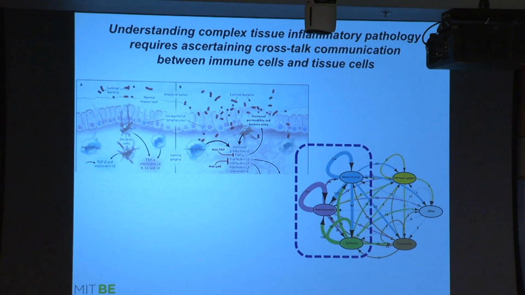There's a lot of threads that it runs through, and a big part of that isn't just the communication between the immune cells themselves, but the communication between the immune cells and epithelial or mesenchymal cells and back, and that's the communication network that needs to be looked into as well.